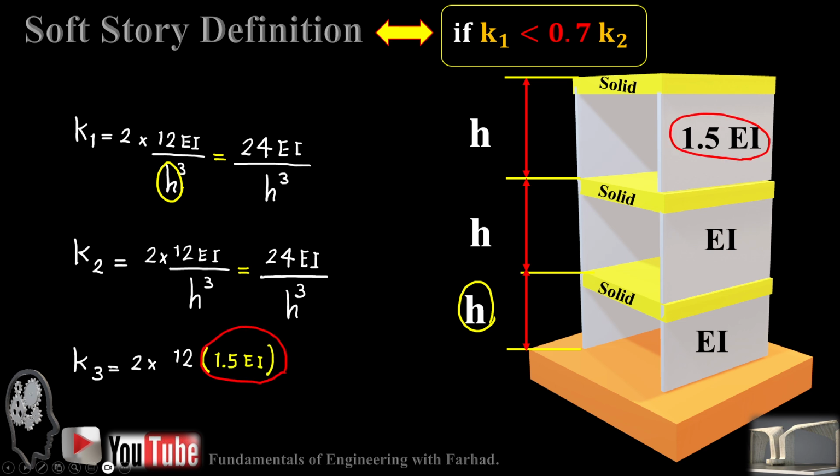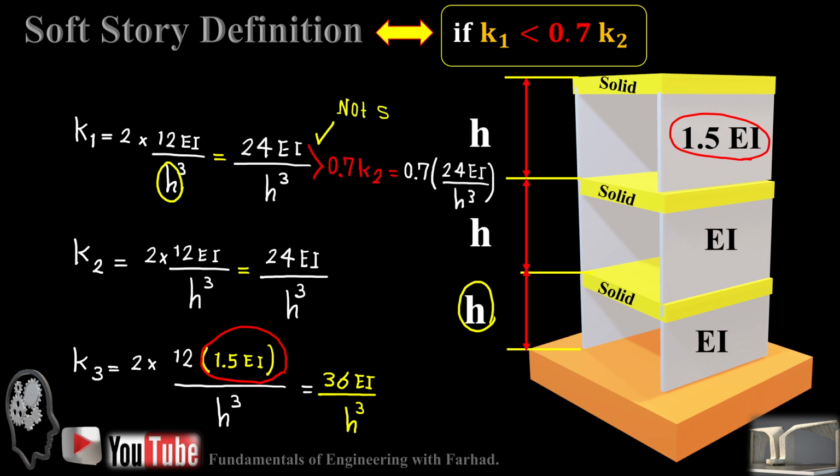The top story is 2 times 12, this time with EI being 1.5EI, or 50% higher than the two others, over the same height. If you do the math, K1 is 24, K2 is 24, and K3 is 36EI over H cubed.